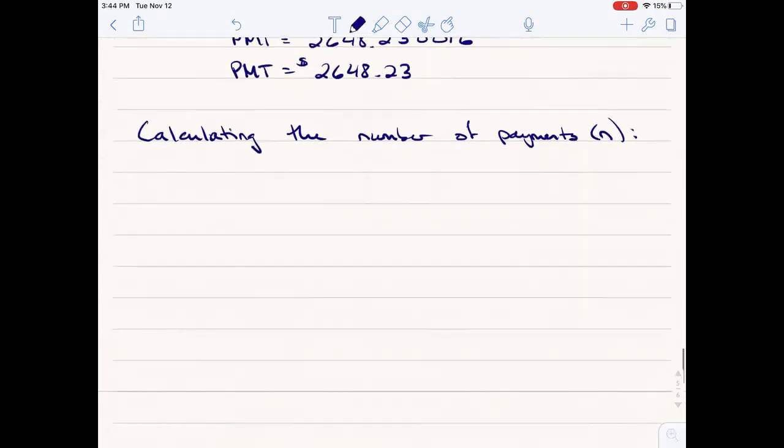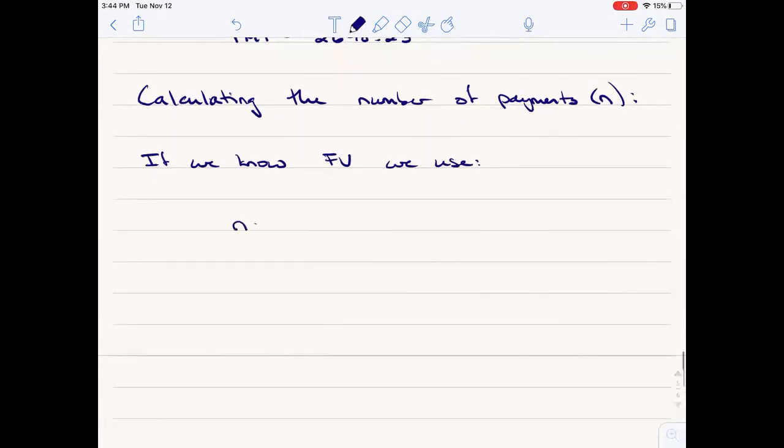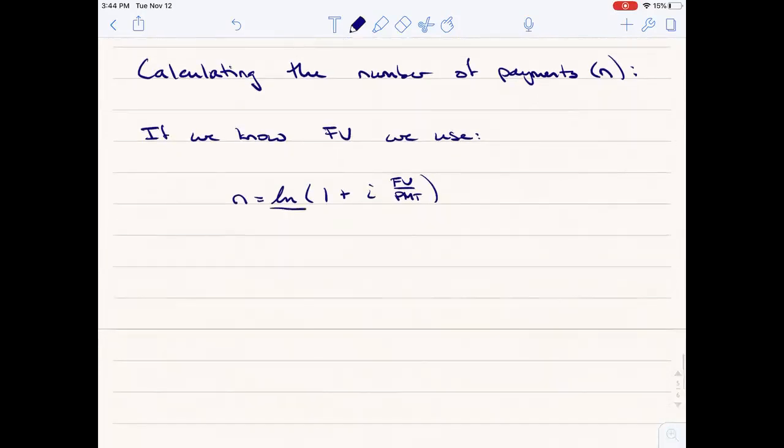If we know FV, the future value, we use n is the natural log, so ln of 1 plus I times the future value over the payment amount, all over, I know I'm bad, I call it the log, the natural log.